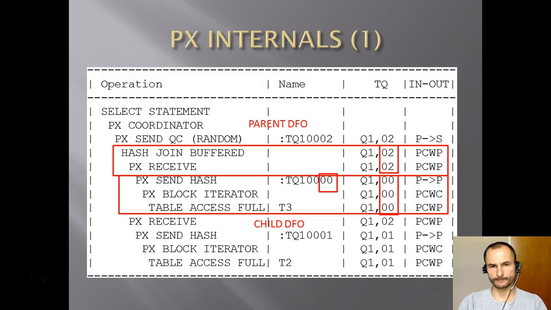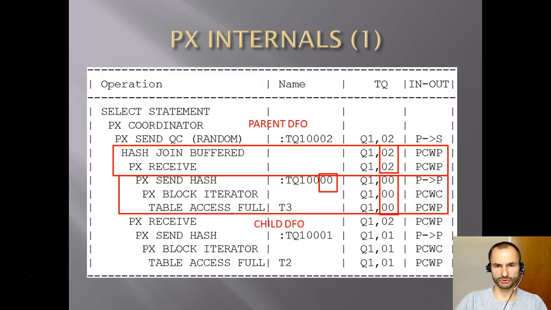How is this working with this child and parent data flow operation and this table queues and this exchange, this redistribution of the data? So again, this is a simple two-table join, and it starts with this table access full, in this case here with this T3. So we have here multiple parallel slaves that work on multiple chunks of this T3 table.